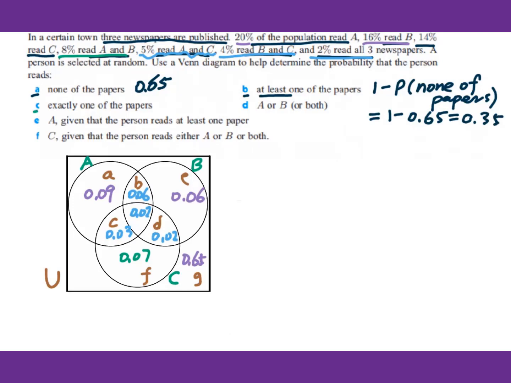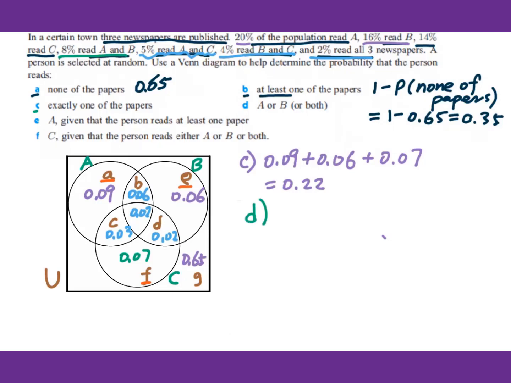Let's go to C. Exactly one of the papers. Exactly one means A, E, and F. Therefore, we add together 0.09 plus 0.06 plus 0.07. You will get 0.22.